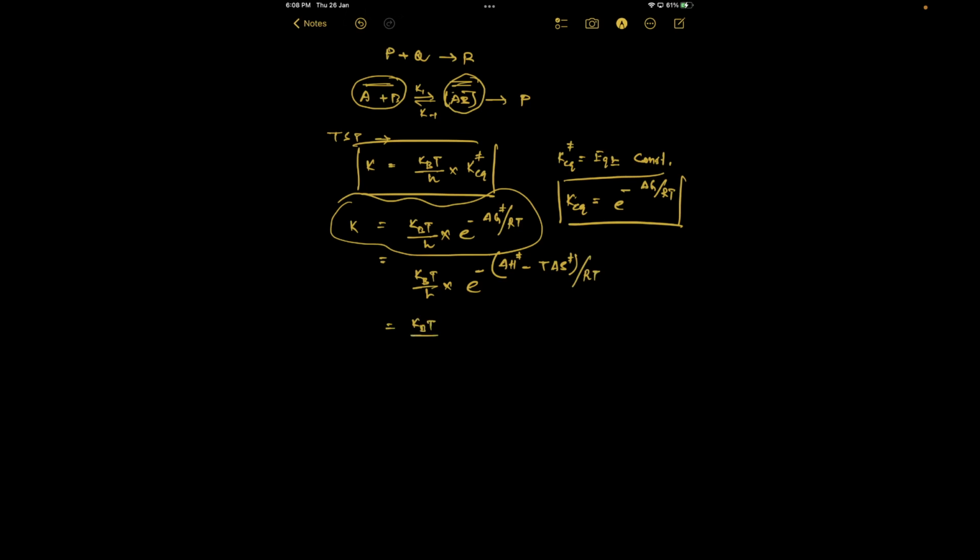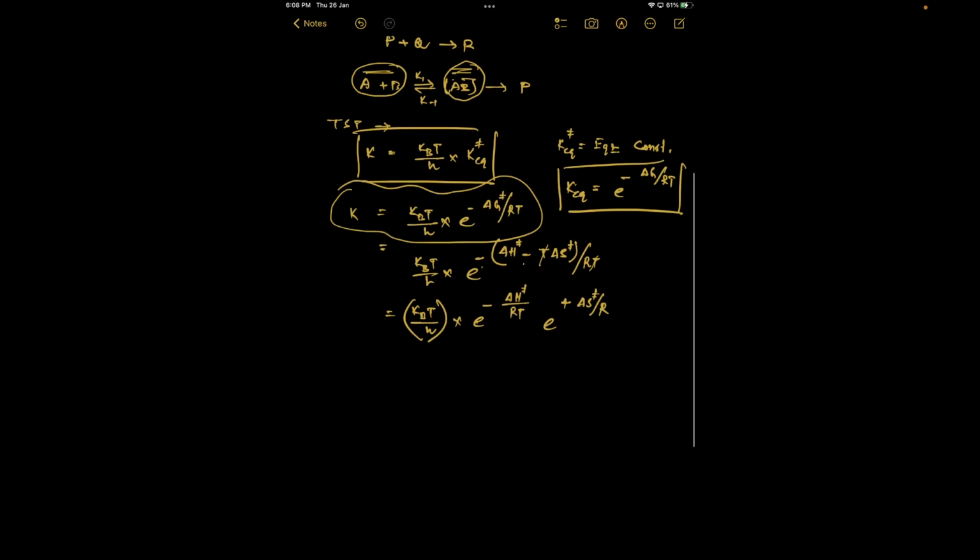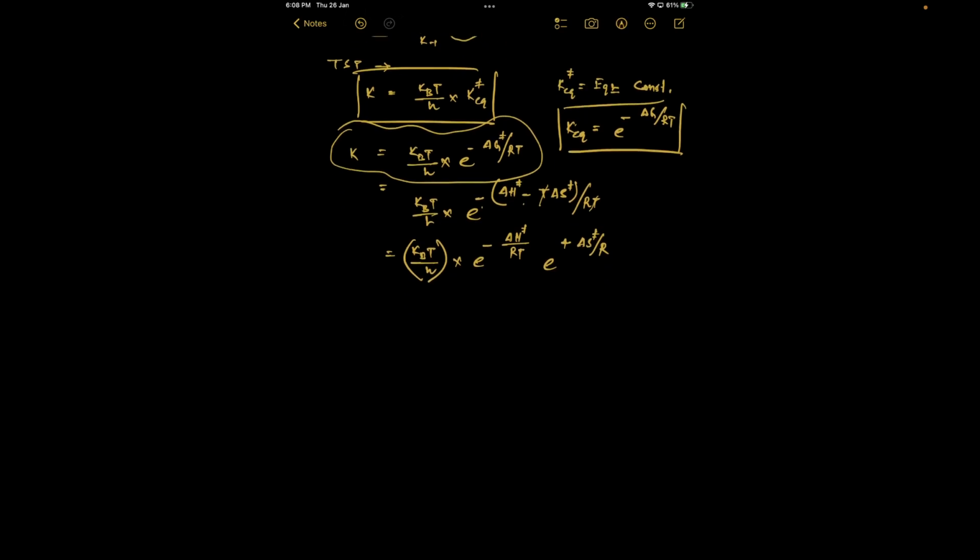So it will be equal to KBT divided by H times exponential minus delta H double dagger divided by RT times exponential plus, since this minus and this minus will become plus, T and T will cancel, delta S double dagger divided by R, right? So here we can see that there is a relationship between the rate constant and the enthalpy of activation and the entropy of activation.